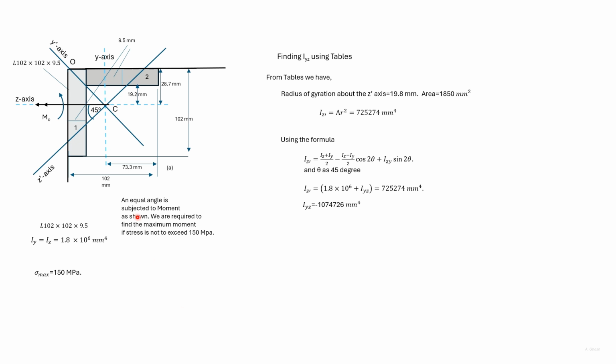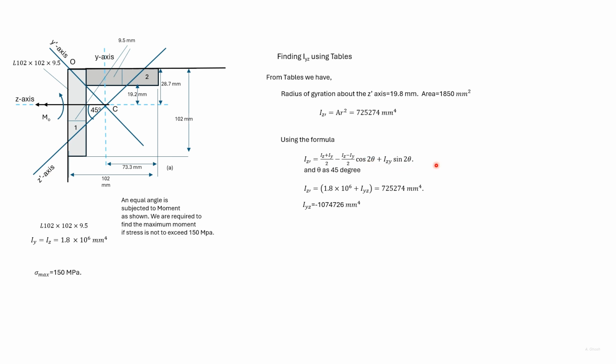We have an equal angle here which has been taken from the table. A moment M0 is applied as shown. The maximum allowable stress is given, and we are required to find out the maximum moment that can be applied. From the tables, Iy and Iz are known. Also, the radius of gyration about the z dash axis is known.